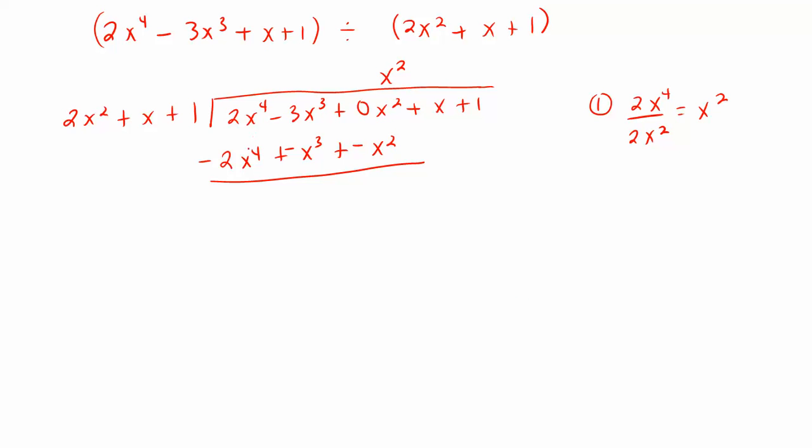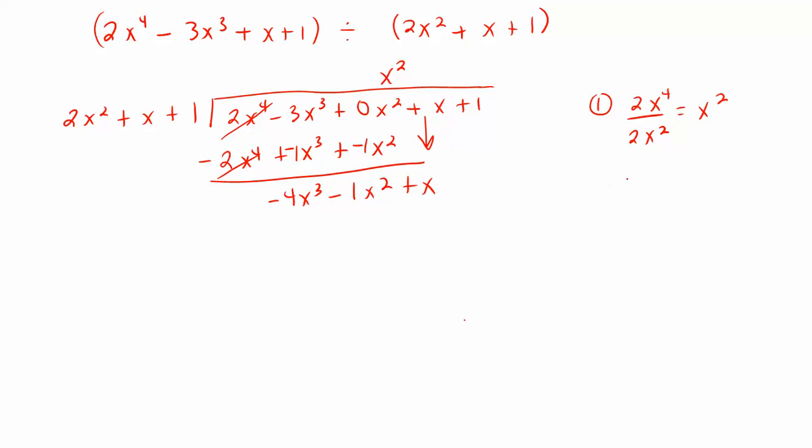So 2x to the fourth minus 2x to the fourth would cancel out. Negative 3x to the third minus 1x to the third gives us negative 4x to the third. 0x squared minus 1x squared gives us negative 1x squared. Bring down the plus x. That gives us 3 terms.